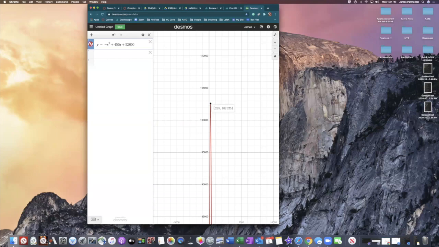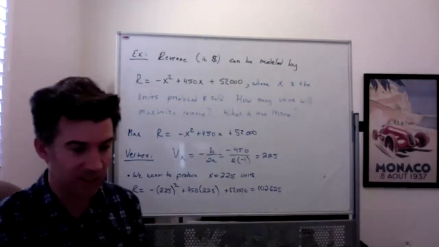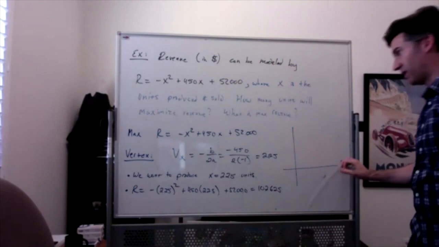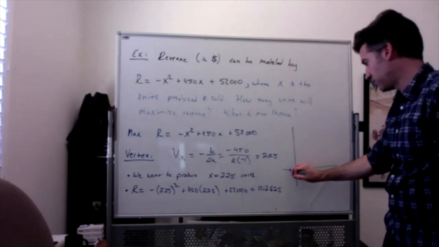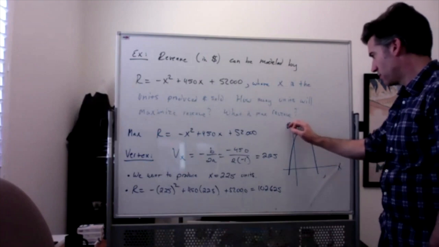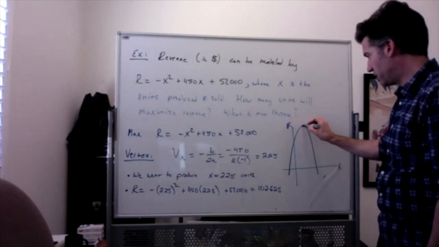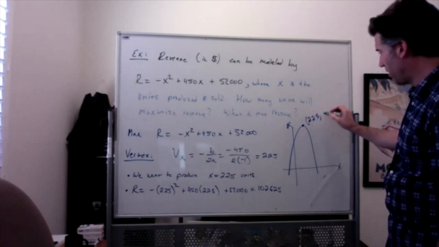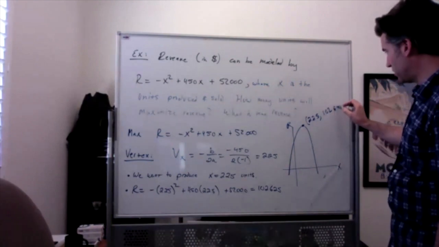So looking at a picture that you guys might be able to see a little bit better, if I draw it here, we've got something that looks like this, right? Where this point here has an x value of 225 and a y value of 102,625.